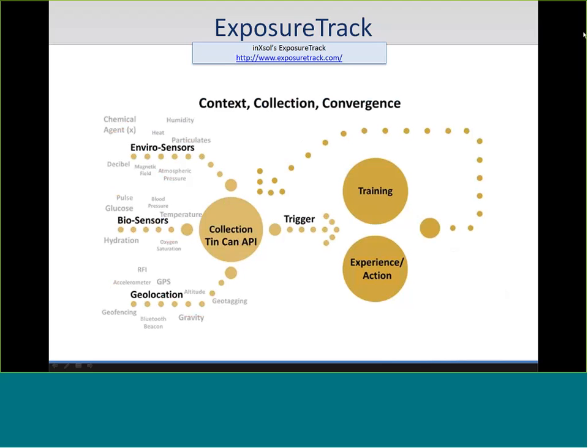You can see how the geolocation information, the information from the biosensors on people's suits, and the environmental sensors looking for heat, particulates, and chemical agents are all tracked live and expressed using the Experience API, which then triggers either training or some sort of experience or a recommendation to action.